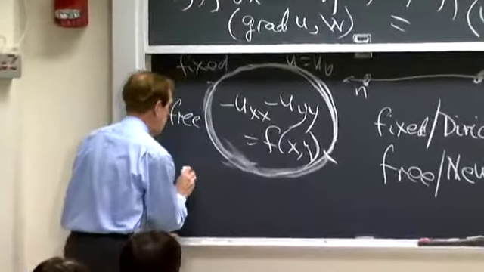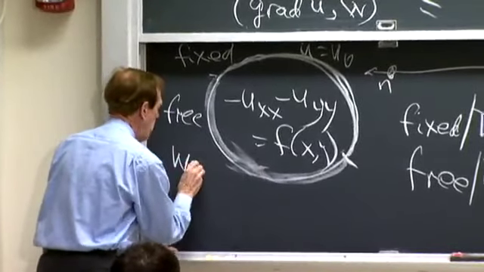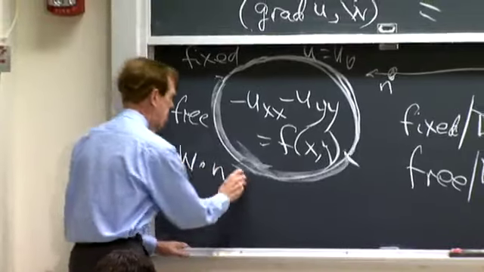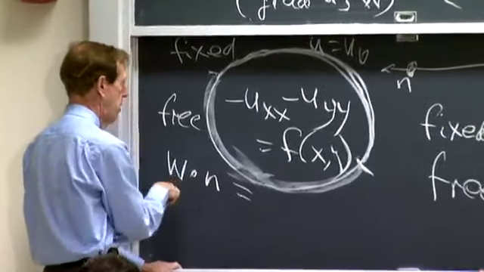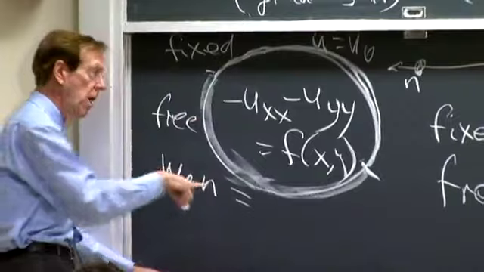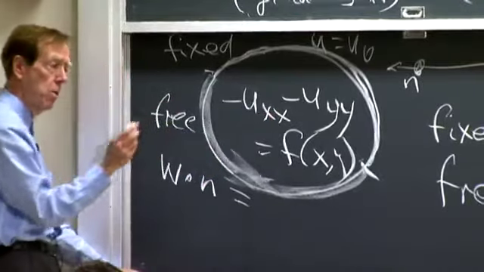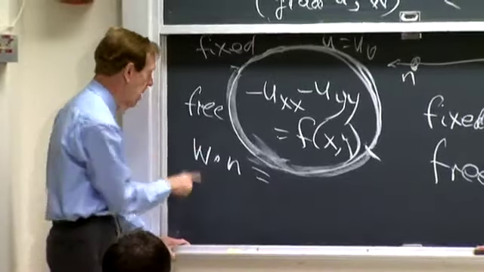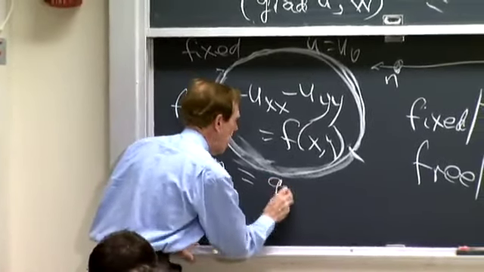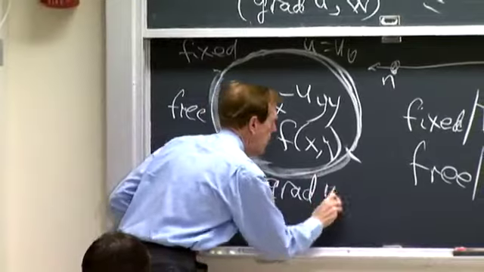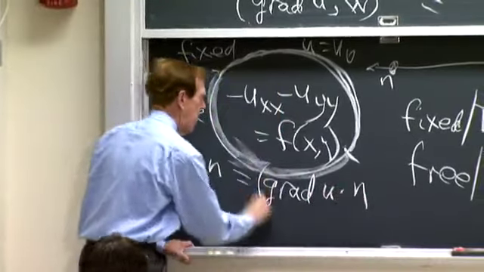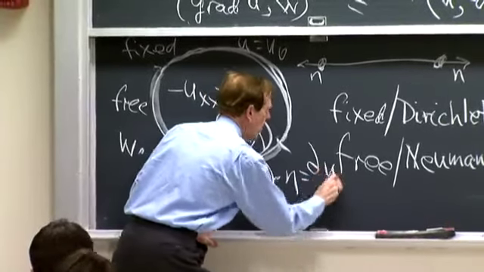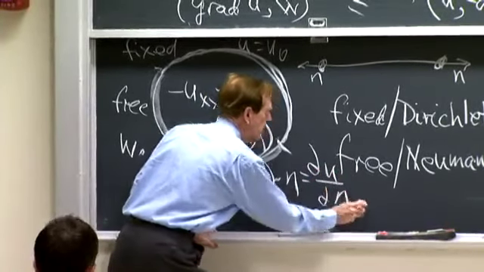So the free condition would be w dot n, which, since w is v, we have Laplace's equation here with c equal to 1 between w and v. So this is the gradient of u dot n, grad u dot n, and it's sometimes written as the derivative of u in the normal direction.